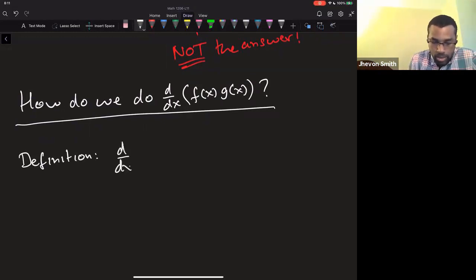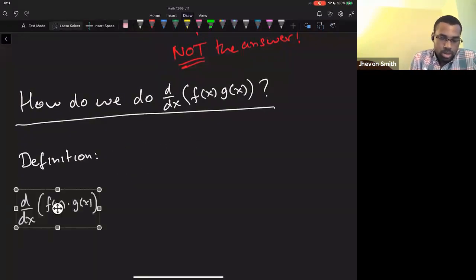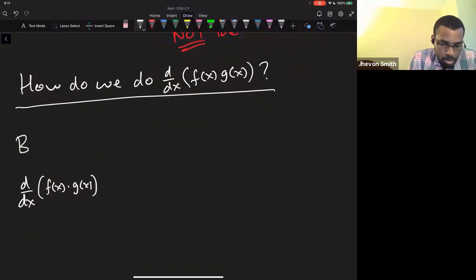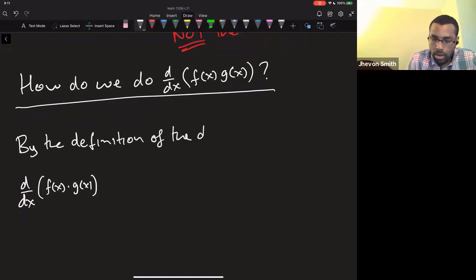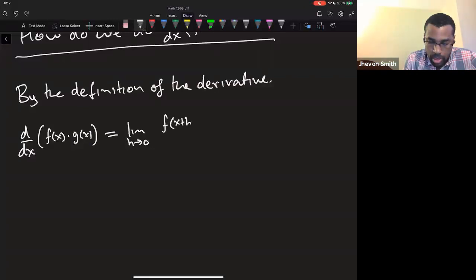So I know that the derivative of f of x times g of x, by the definition of the derivative, is going to be the limit as h approaches 0 of f of x plus h, g of x plus h, minus f of x, g of x, all over h.